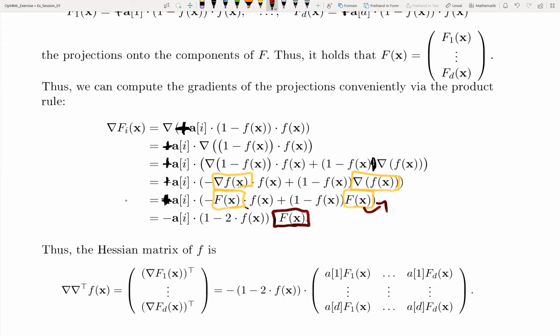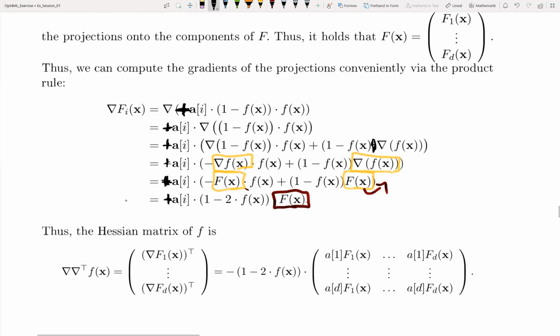What we are left with is 1 minus f of x minus f of x, and there's still a plus. So plus a i times 1 minus 2 times f of x times f of x.